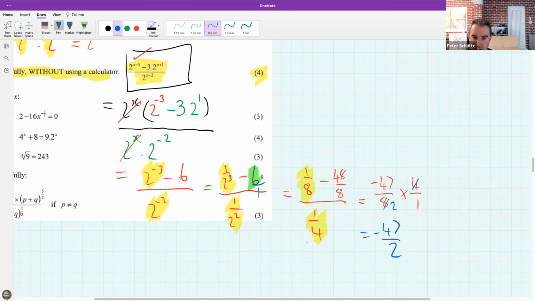And then what I did was I just times the top and bottom by 8. And that's how I got my 48 over 8. Then I went, awesome, denominators are the same. So it was -47 over 8. And then I used my top and times thing, like dividing by a quarter is the same as timesing by 4 over 1. And then I got there. And that you get from just being very comfortable with fractions. Okay.